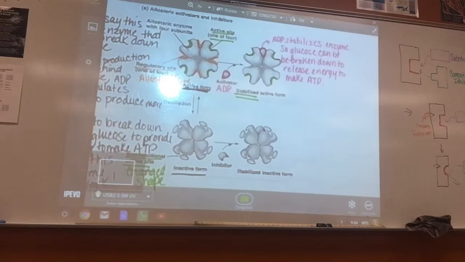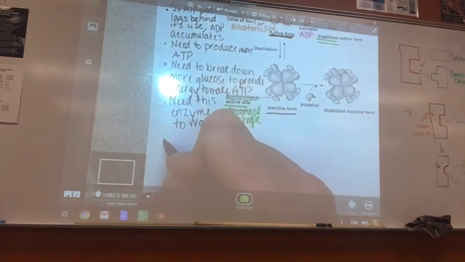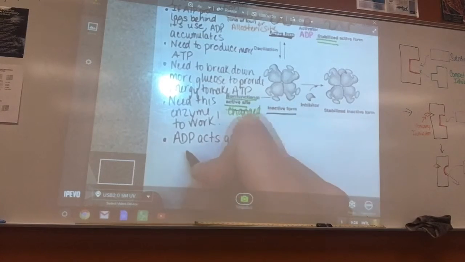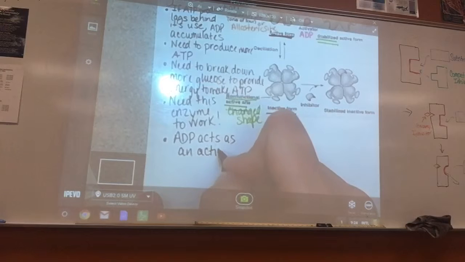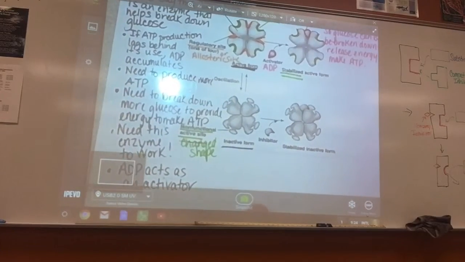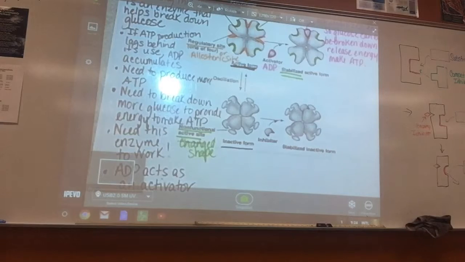All right. So one other thing that I'm going to add at the bottom of this, the last thing over here, is that ADP acts as an activator. Okay, so this would be like when you're running your marathon. You started running, and all of a sudden you've changed the quantity of ATP that you need.